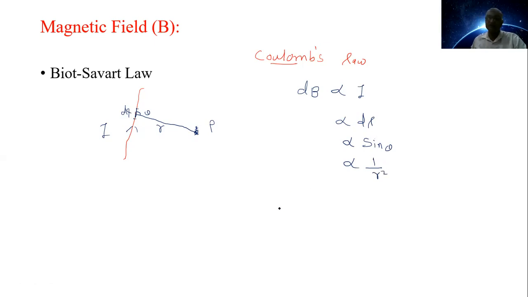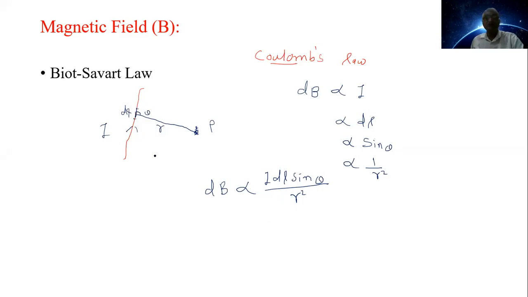In one line, dB is directly proportional to I dl sine theta upon r square.